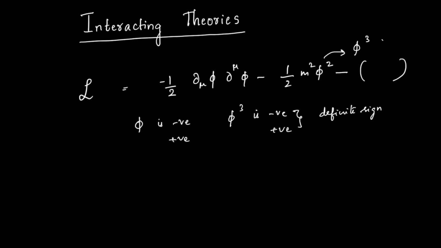But if you consider the even powers, it will have a definite sign. So phi cube not having a definite sign implies that there is no well defined energy. The energy can go arbitrarily negative, up to negative infinity. Therefore, the simplest interacting theory with well defined energy will be phi raised to 4.